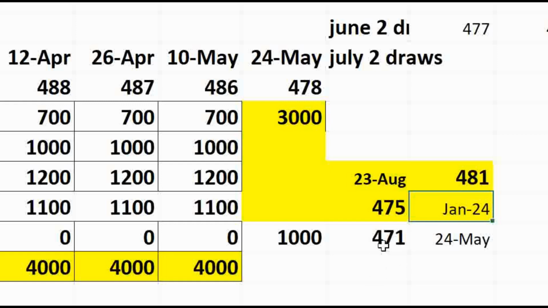Similarly, if we want to reach a cutoff score of 471, we may need another 8 or 10 draws. So February, March, April and May, that means another 8 draws will be there for the cutoff score to reach 471.